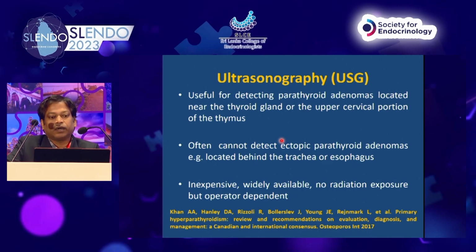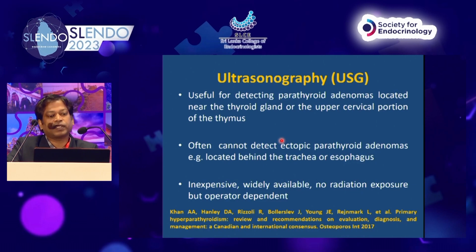The main problem in ultrasound is its inability to detect a parathyroid tumor located in the tracheoesophageal groove, because it is very difficult for the ultrasound probe to reach these areas where an ectopic parathyroid adenoma can be located.